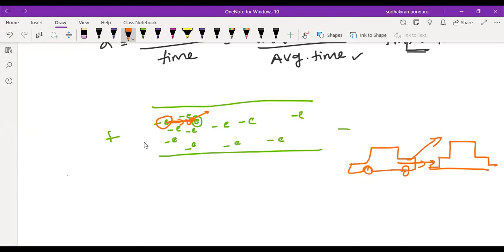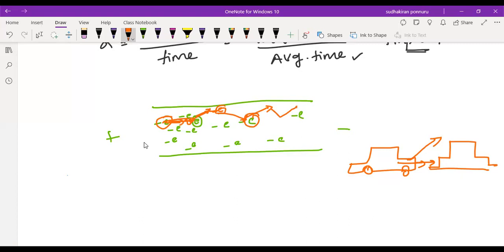Similarly here, when this electron collides with a nearby electron, it deviates its path. If there is one more electron in its path, it will again collide and again deviate.